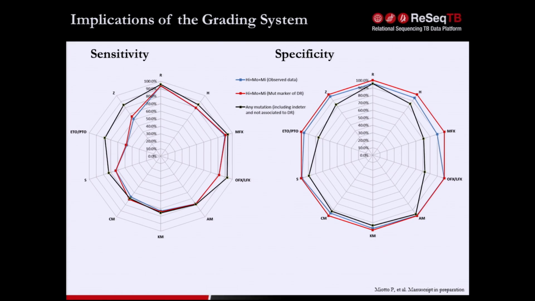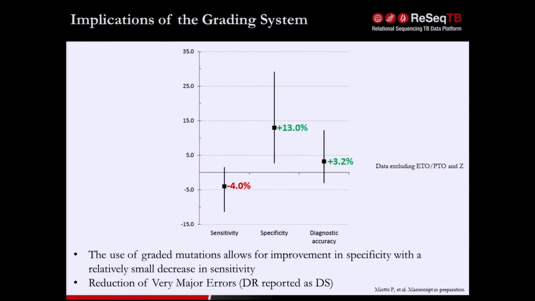However, if we look at the specificity, you see an increase in the ability to correctly identify resistant cases compared to the any mutation approach. And summarizing, we can improve up to 13% the specificity by the use of this mutation with a relatively loss of sensitivity, with a reduction of very major errors.